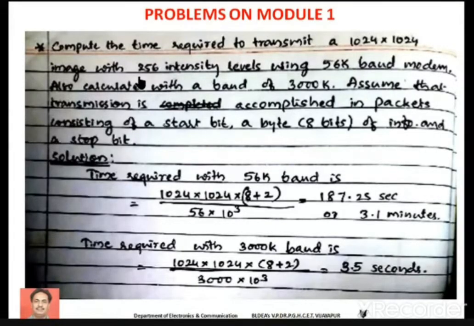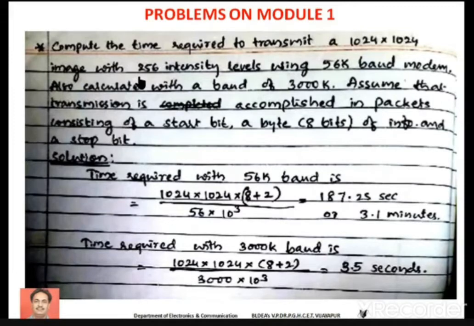Okay, we have the second bit, that is time required to transmit the same image by using a modem of speed 3000 K. So again the numerator is the same. We write 1024 into 1024 into (8 plus 2). For each pixel, I require 8 bits, and for each 8 bits of data, I have to send one start bit and one stop bit.